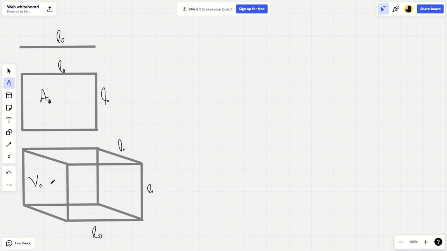Now, let us start with this rod here first, and let's work our way up. First, let's consider that the final length after expansion of this rod will be just L. That's a big L.